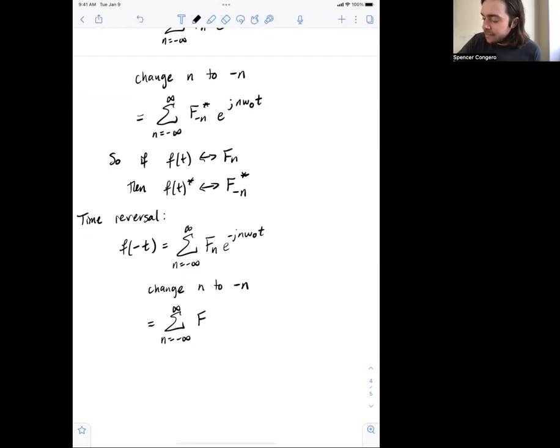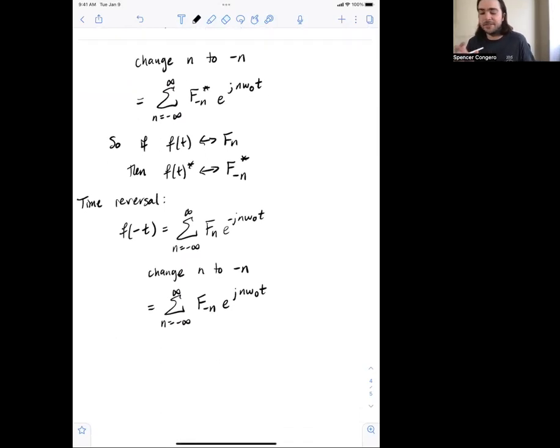And so we're going to get f sub negative n, e to the, now this negative n, when I change n to negative n, it'll cancel, and I'll just get e to the j n omega naught t. Okay, and again, I encourage you, try writing out these terms from -3 to 3 in both of these sums, and you'll see that you get the exact same thing.